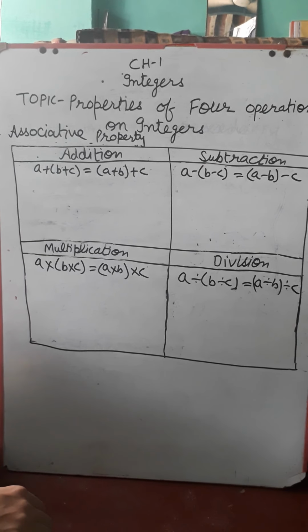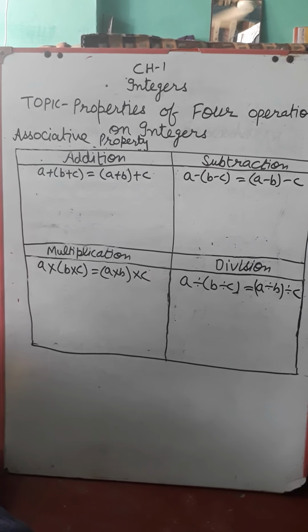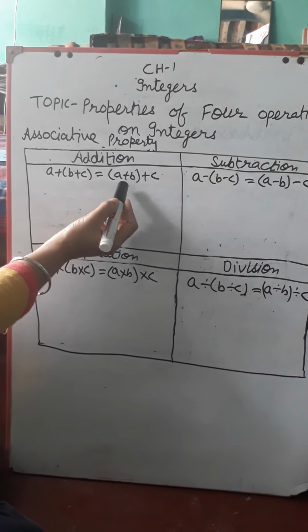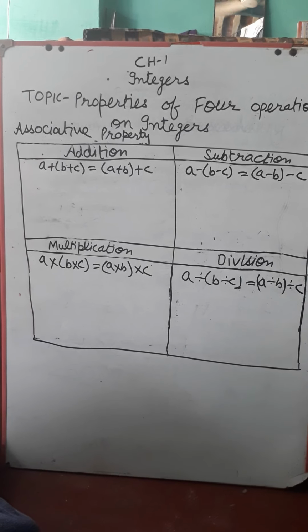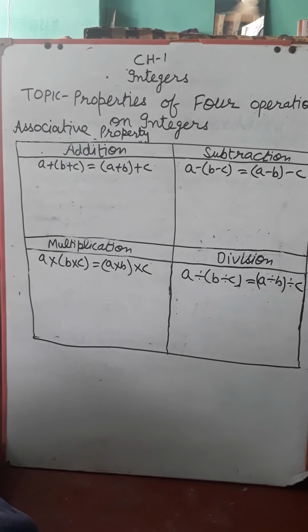In the associative property of integers, first we have addition. If we have a plus b plus c equal to a plus b, then plus c, both are equal. Addition is associative for integers. Let me take an example.